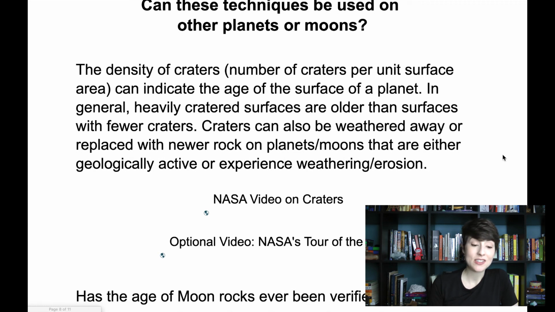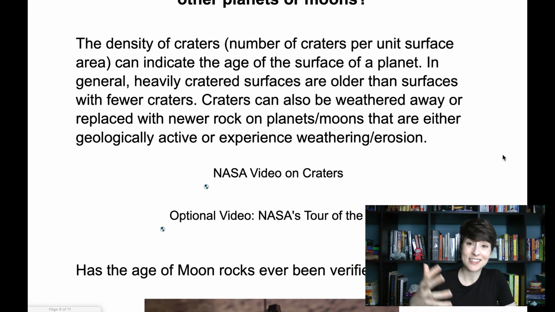Heavily cratered surfaces are typically older than surfaces that have fewer craters. Also, craters can be weathered away as long as that planet had some sort of erosional force, maybe a liquid or atmosphere or other things hitting on top of the craters, or ice that's causing turnover of the ground.